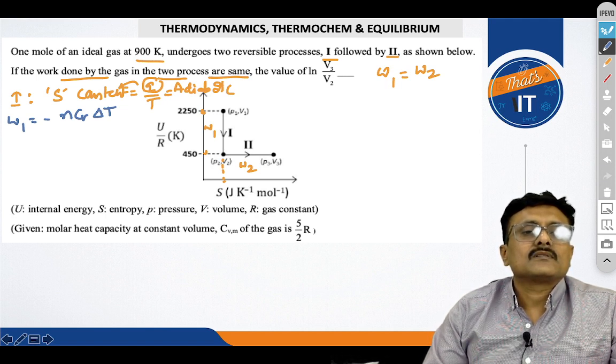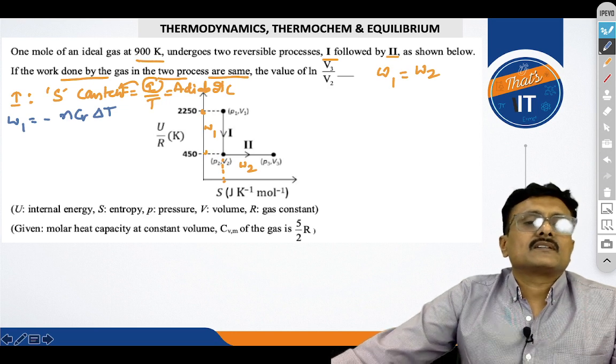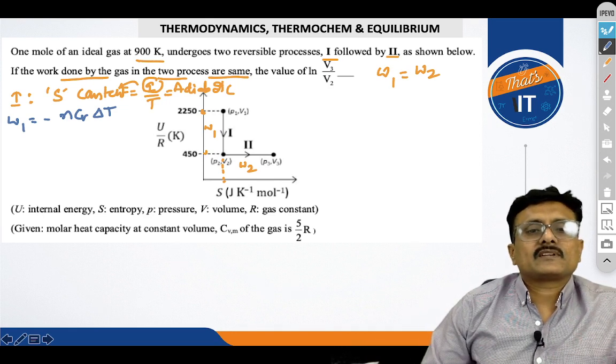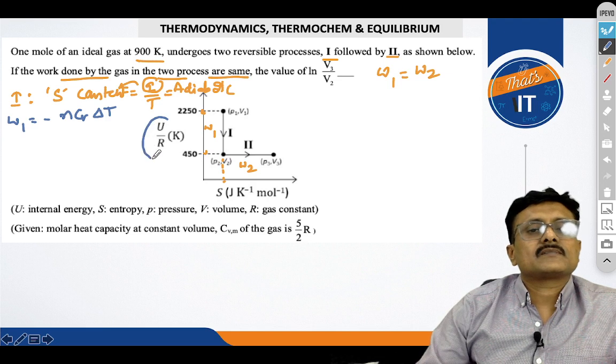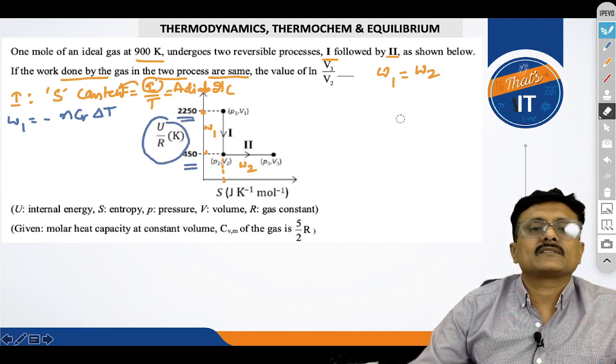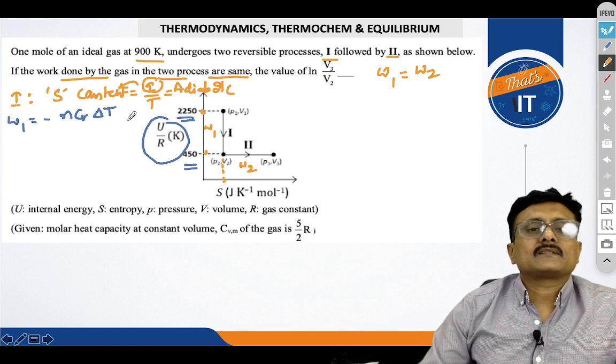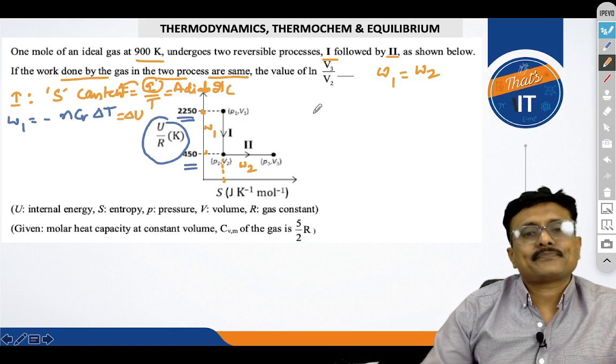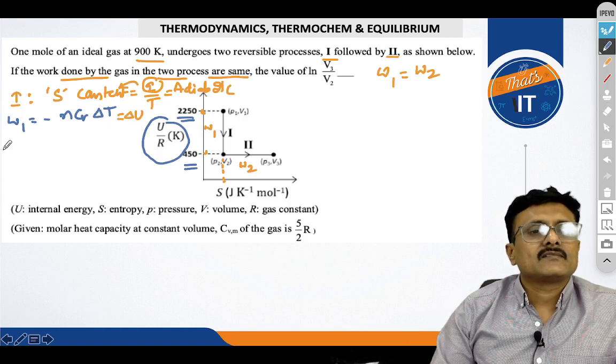So W equal to delta U, but you don't require the other formula because you are given U by R directly, so you can find it. You can directly write the value over here.